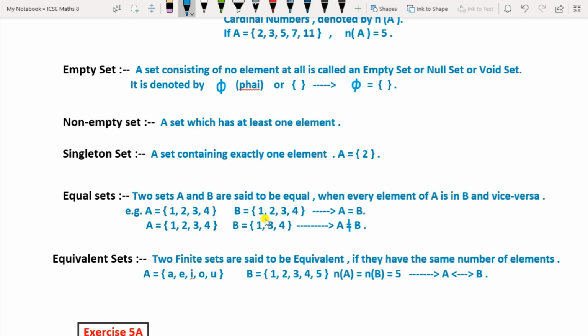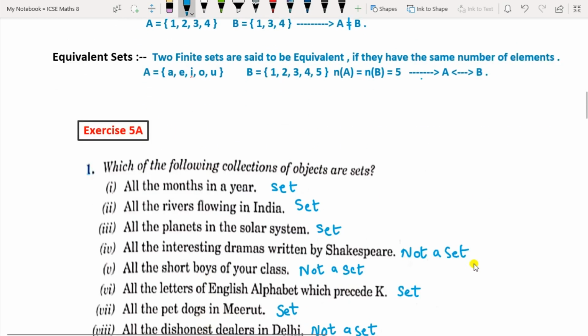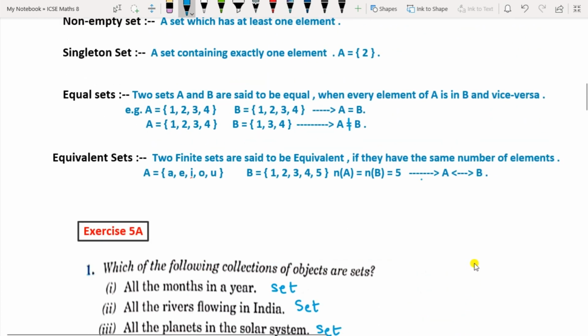But in equivalent sets, the elements may not be equal but the cardinal numbers should be equal. Then they are called equivalent sets, and an equivalent set is denoted by an arrow on both sides. So all equal sets are equivalent, but equivalent sets cannot always be equal.